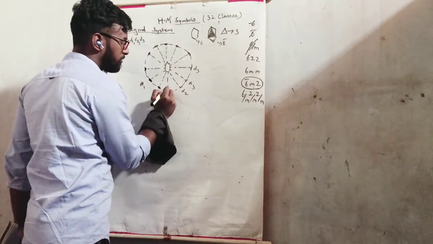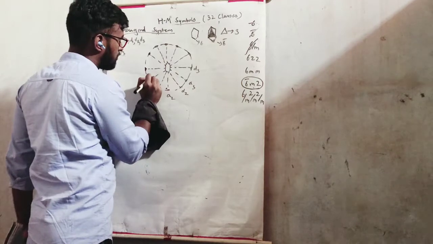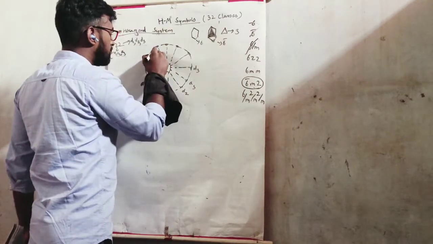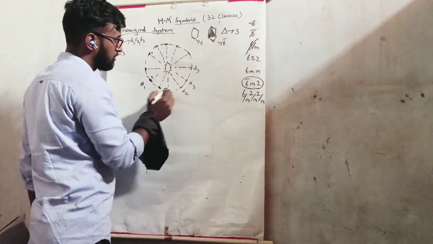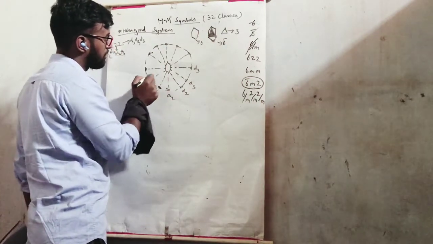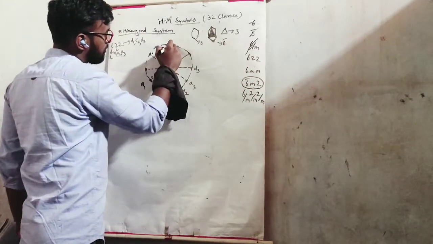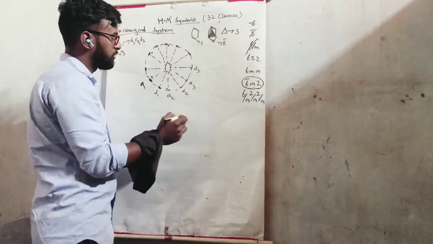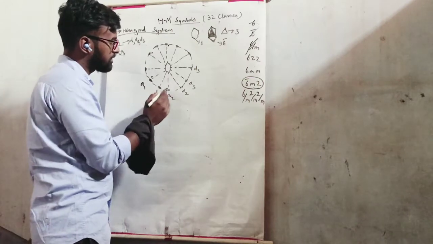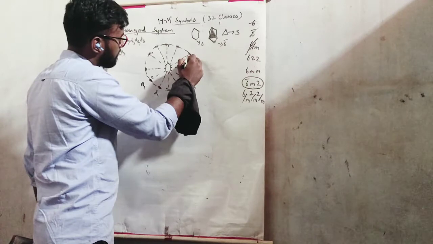Taking an element, first we will do the 6-fold operation. A1, 2, 3. A 6-fold operation is only about the A1, A2, A3 axes. See, about A2, about A1, this is about A3, and then again about A2. It's better if you draw the operation first, then you draw the diagonals to avoid confusion.